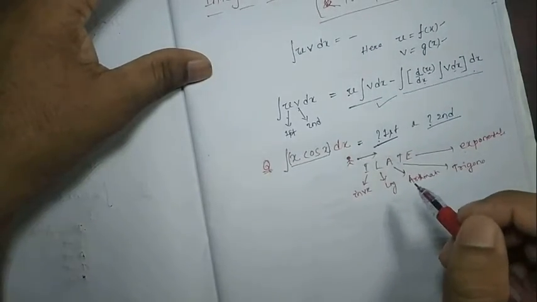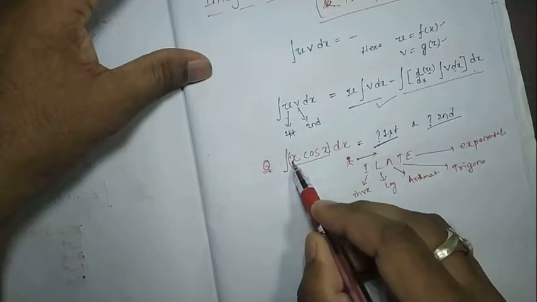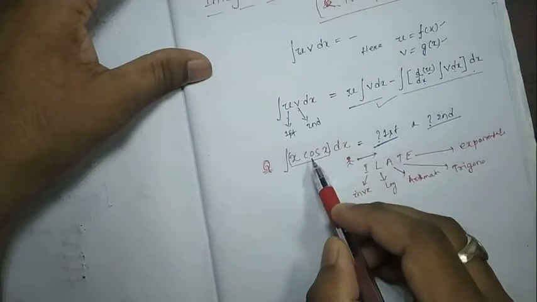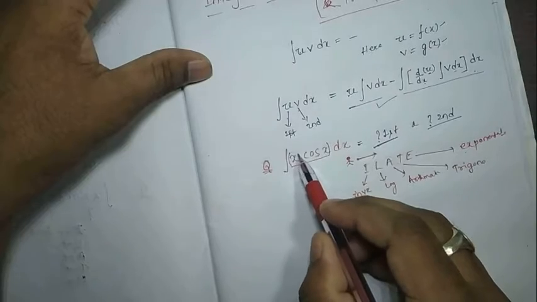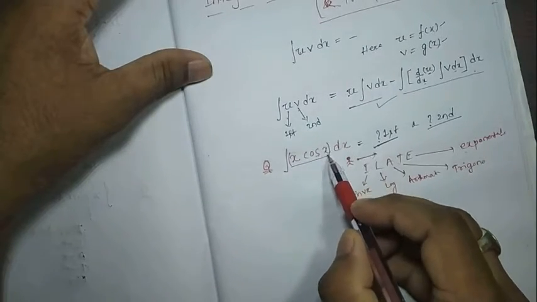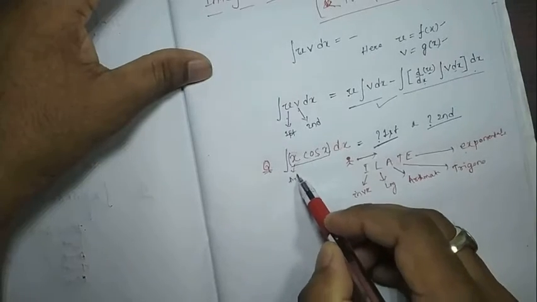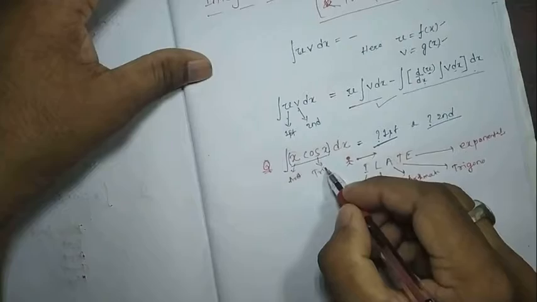Suppose we have the problem x cos x. In this problem we have two functions, one is x and another is cos x. Here x is nothing but arithmetic, and cos x belongs to trigonometric.